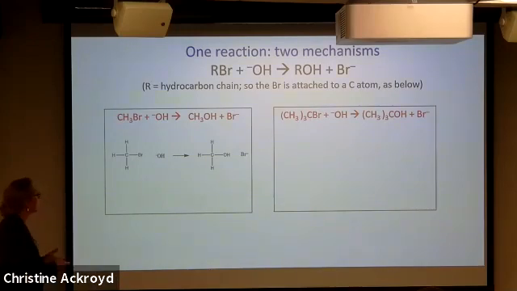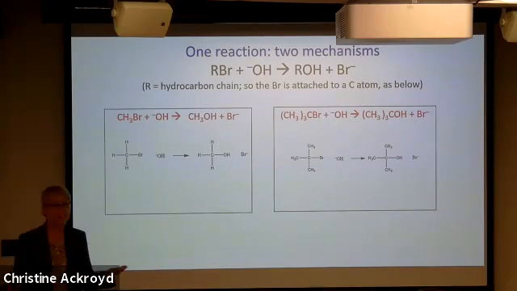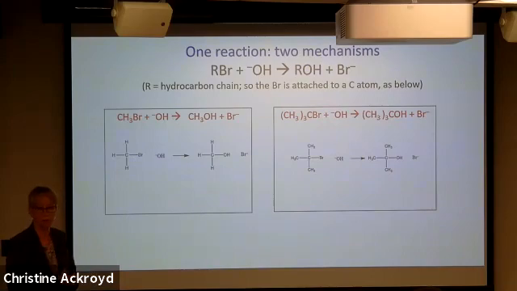When you change what they call the degree of substitution around the carbon that the bromide is bonded to, the reaction acts differently. So this is the same reaction on paper, except the hydrogens become methyl groups, right? So chemists thought those reactions should act the same way, right? In both of them, you have to break a carbon bromine bond, and you have to form a carbon hydroxide bond.